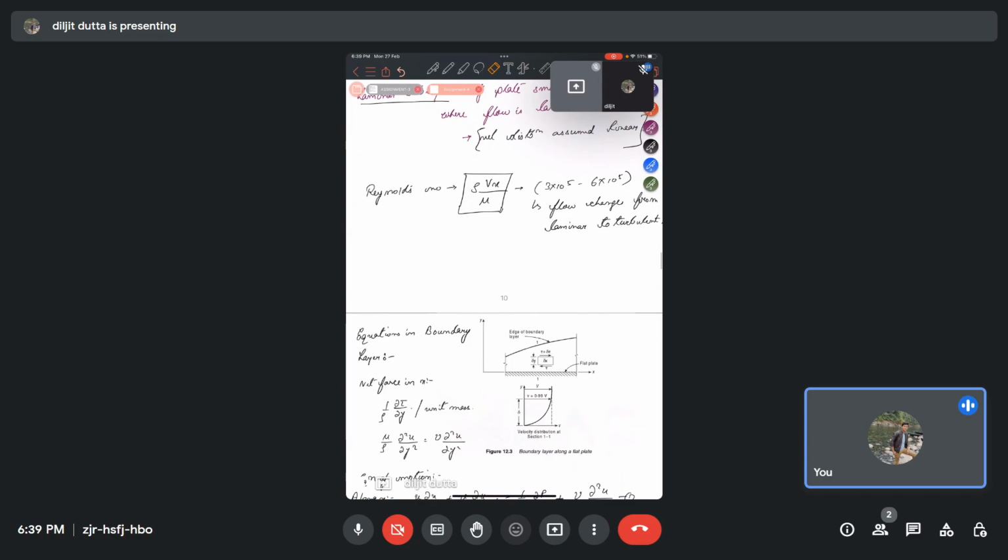Yeah, so the correct definition given in the textbooks is Re_x less than or equal to 5 into 10 to the power 5 is a laminar boundary layer, and if the Reynolds number of the flow is greater than 5 into 10 to the power 5, the boundary layer moves from laminar to transition, and if it is greater than 6 into 10 to the power 5, we call it turbulent.